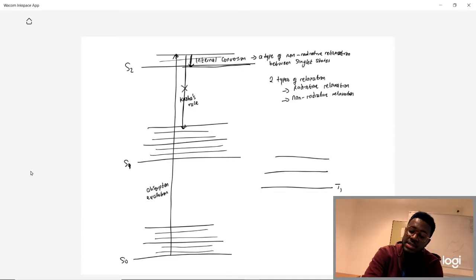This loss of energy is released as heat.